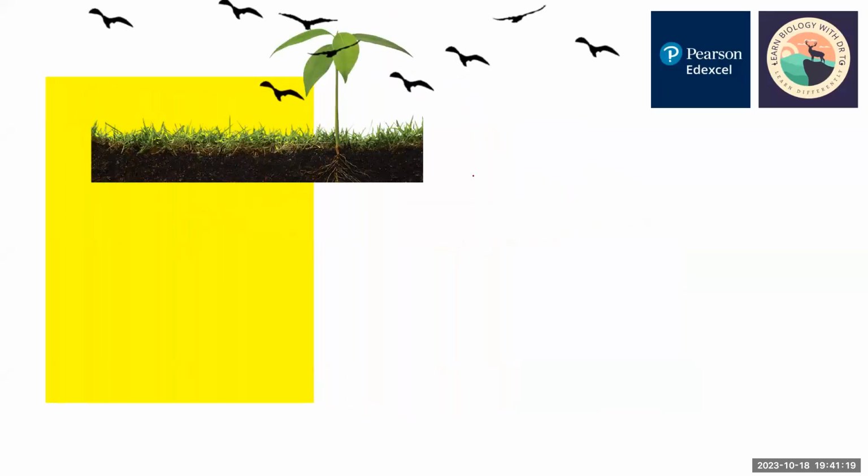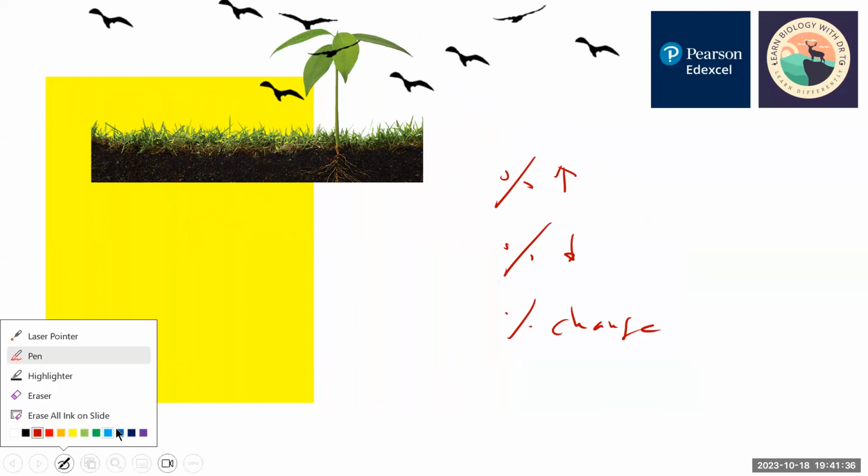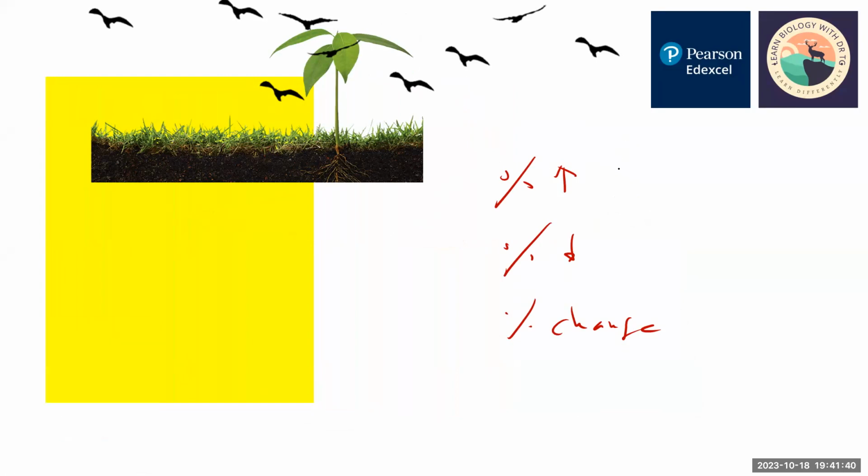Okay, take this. Now percentage increase, percentage decrease, percentage change. If we ask any of these things, percentage increase, decrease, or percentage change, then for all, the first thing we take is the difference.